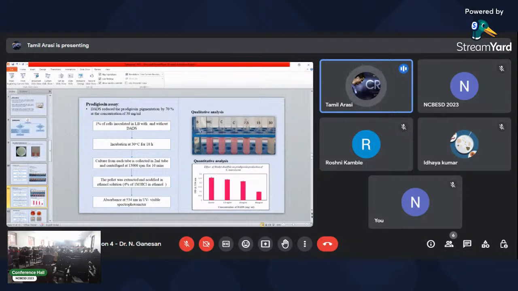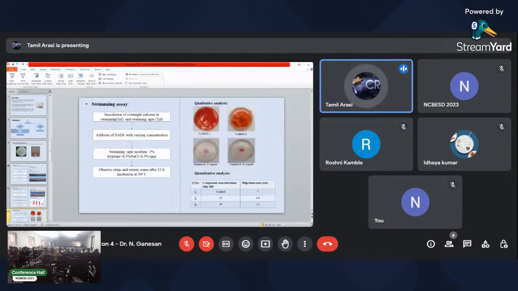In this image, you can see that it has reduced the color. And at 30 mg per ml, it has reduced the pigmentation by 70%. And in quantitative analysis also, you can see the graph that the prodigiosin pigment reduces as the concentration increases. Again, this confirms that this compound is working against bacteria.